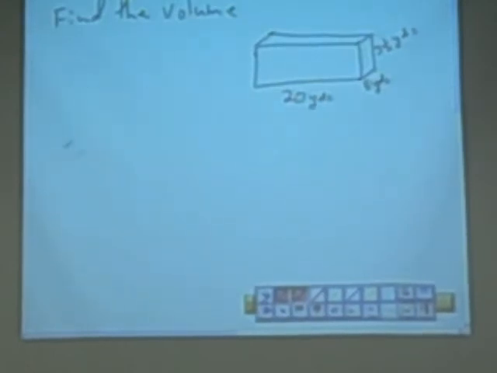Okay, now the equation for our volume, volume for our shape is what? Length times width times the height, right? And you can just write this as L, W, H, and automatically they're multiplied right into each other.